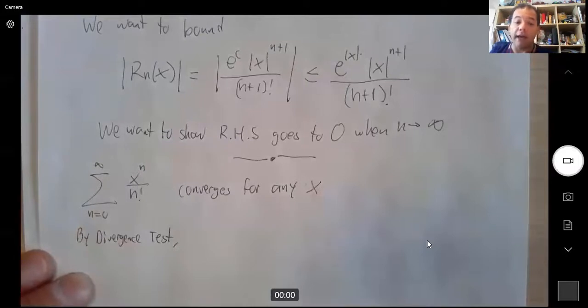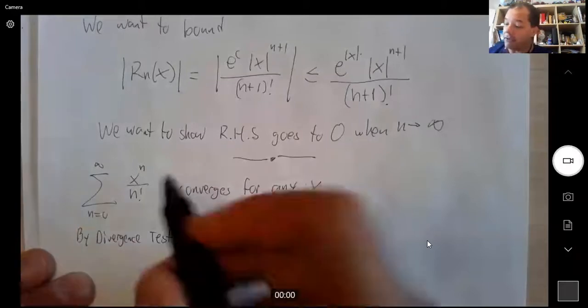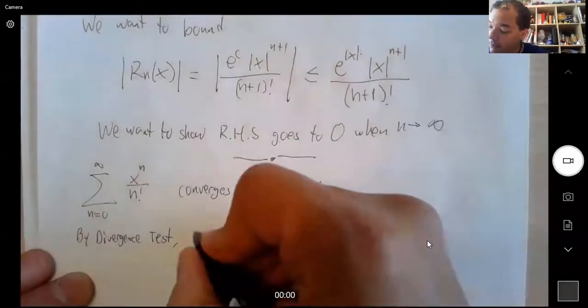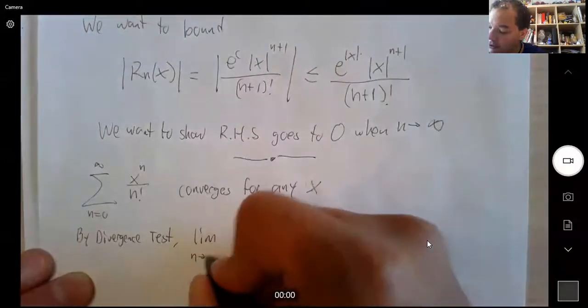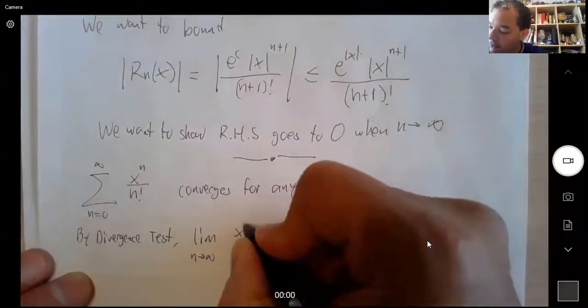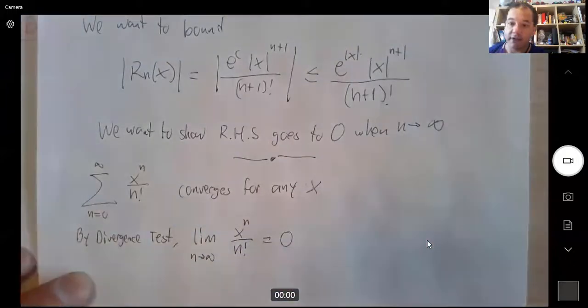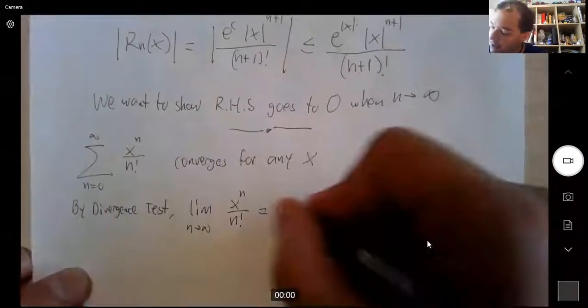But really what happens is that if it converges, then the limit of these terms has to be zero. So by the divergence test, the limit as n goes to infinity of x to the n over n factorial is zero, right?